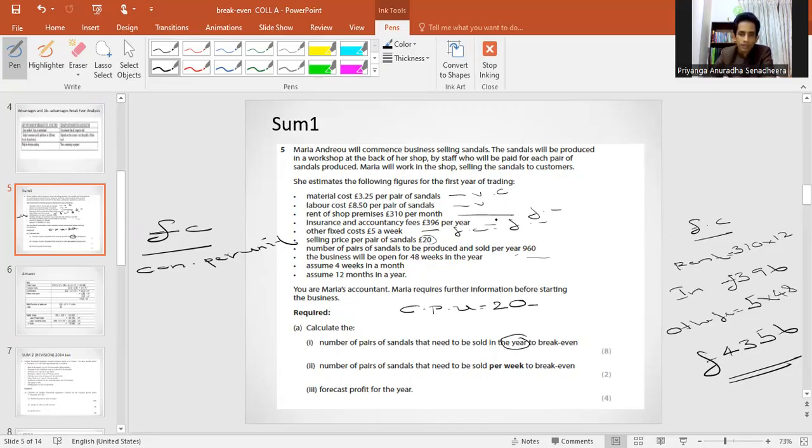What are the variable costs we have here? One is 3.25, one is 8.50, only two. You have to add them, and it will be 11.75. So your contribution per unit, when you deduct these two, is 8.25.